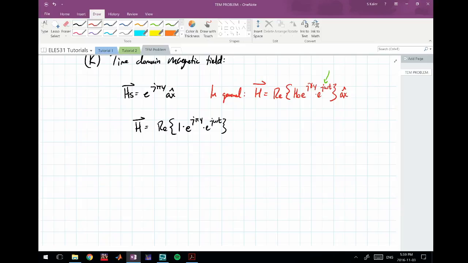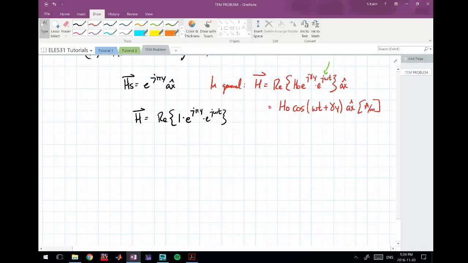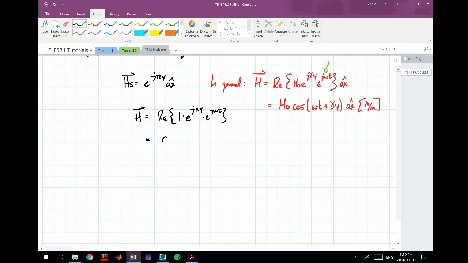I guess we can go ahead and simplify this as well. So what this actually ends up becoming is just h naught cosine of omega t plus gamma y, ax amps per meter. So that's what we'd have in the general case. And so now we can simplify it into our case, which is just going to be cosine of omega t plus pi y, this is ax amps per meter.